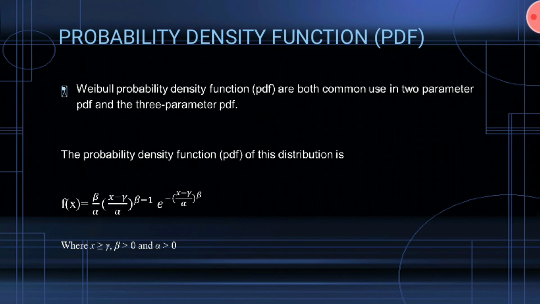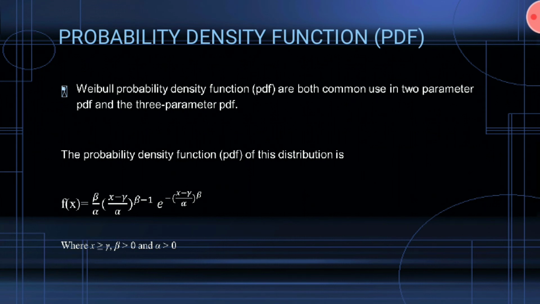The probability density function of this distribution is f(x) equals beta over alpha times (x minus gamma over alpha) raised to beta minus 1 times e raised to negative (x minus gamma over alpha) raised to beta, where x is greater than or equal to gamma.